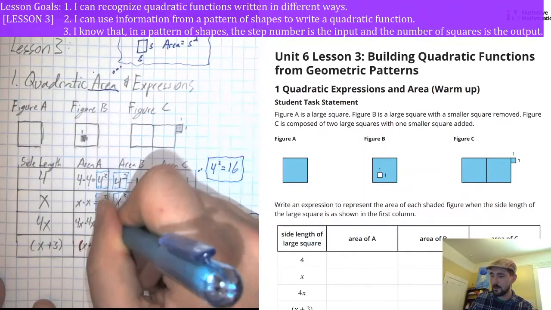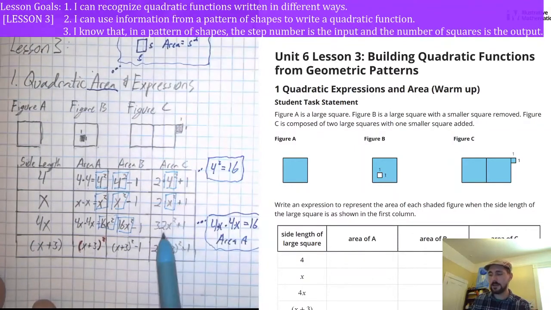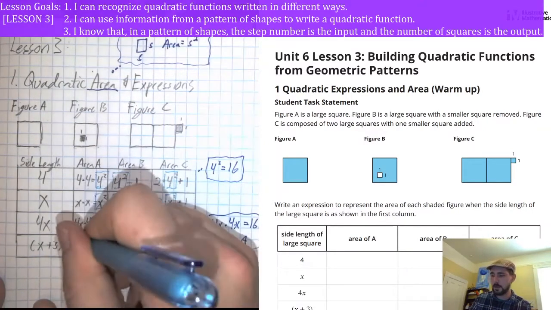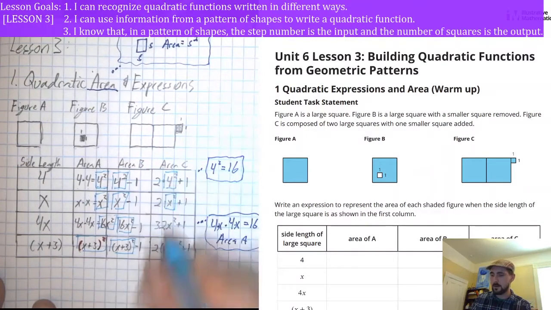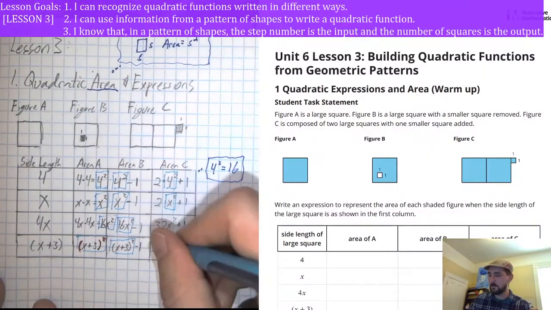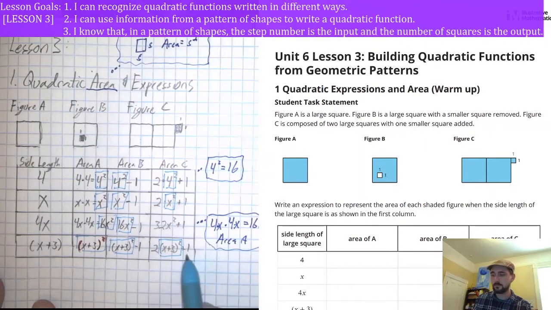Area A minus 1, and then here I wrote it as 32, so you have to remember where the 16x squared is here, and it comes from the times 2, and then plus 1. And here, area A minus 1, and 2 times area A plus 1.